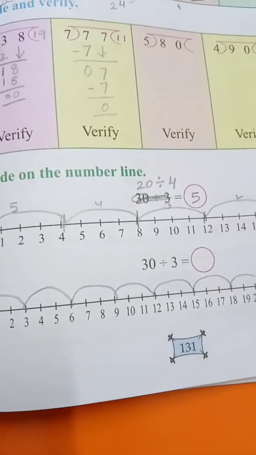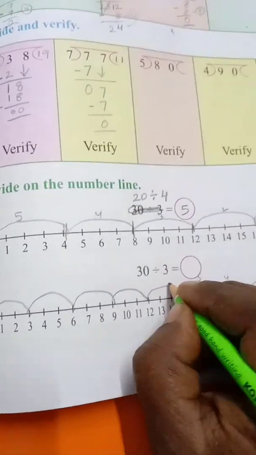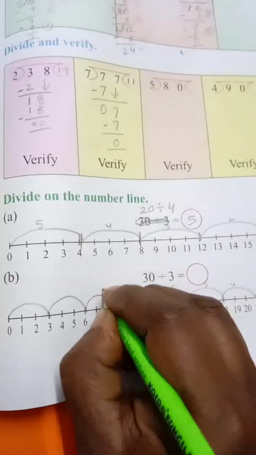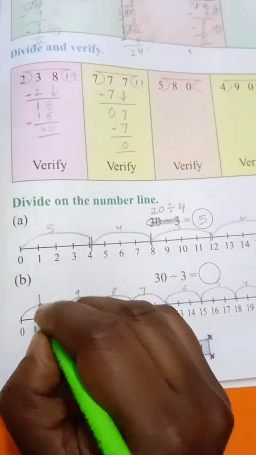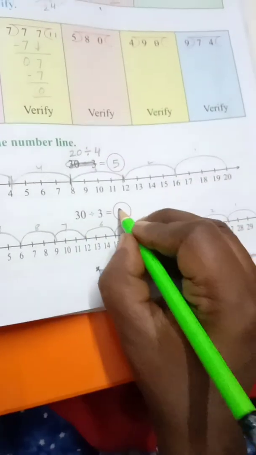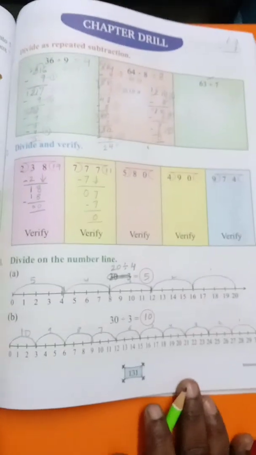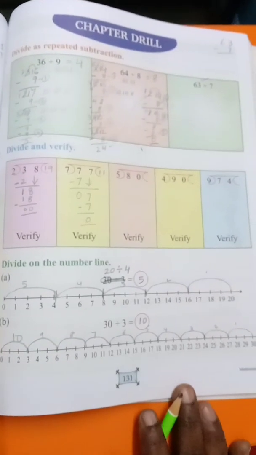So how many? 1, 2, 3, 4, 5, 6, 7, 8, 9, 10. So 30 divided by 3 is 10. 3 tens are 30.